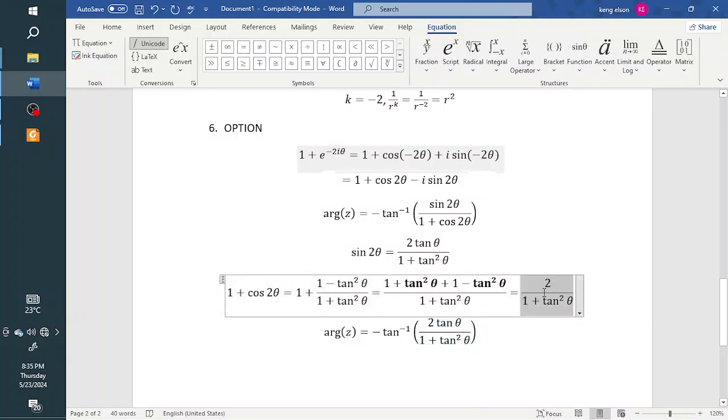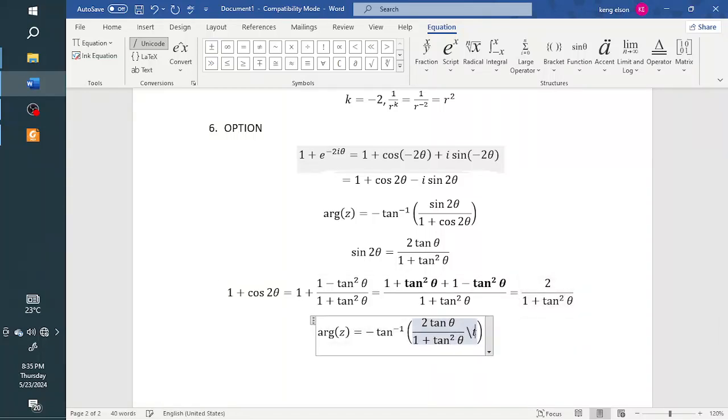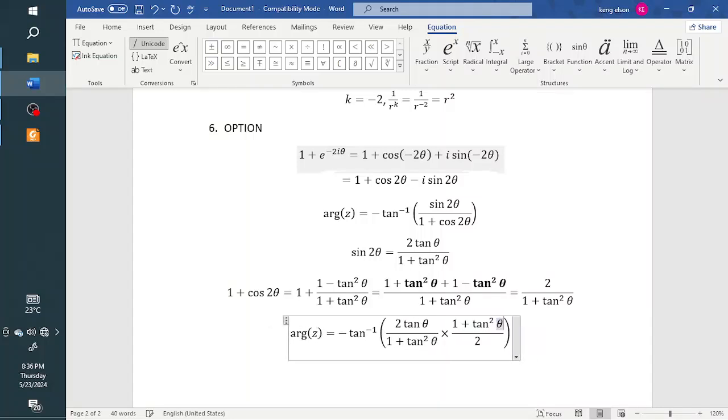Since the denominator is still a ratio, if I want to divide, I can just multiply and then invert. I think this was taught in primary school. Now 1 plus tan squared theta cancels with 1 plus tan squared theta, 2 cancels with 2, and we are left with just tan theta.